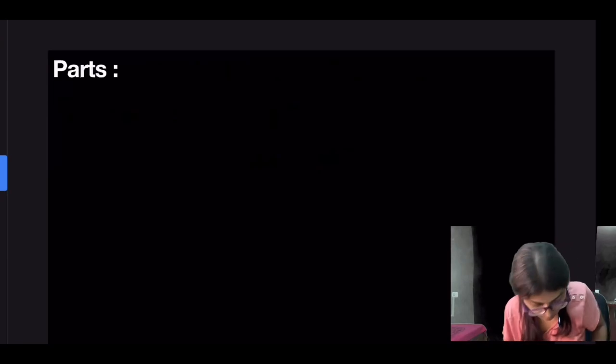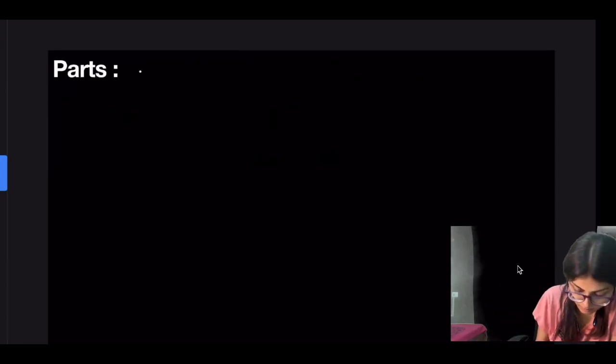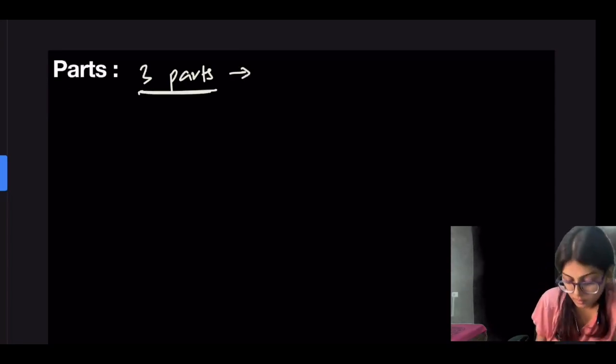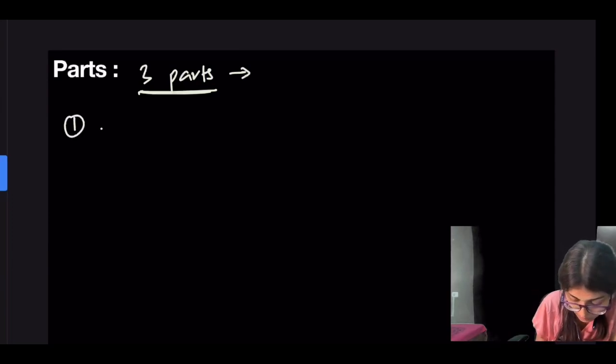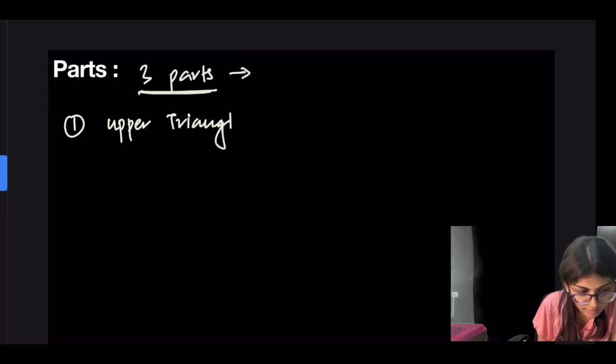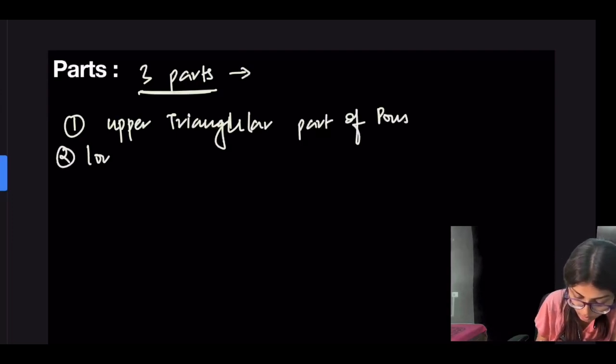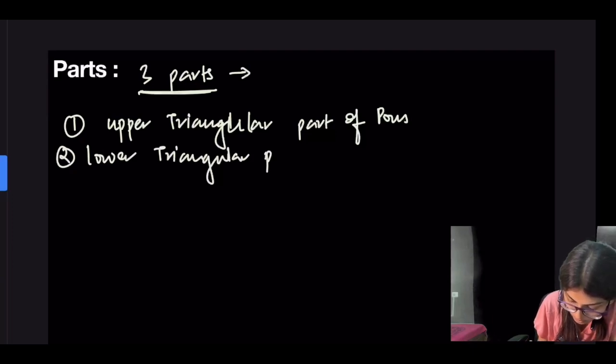Our floor is divided into three parts. We will see all this in the diagram. First, let's know what the parts are. The first is the upper triangular part of the pons. The second is the lower triangular part of the medulla.